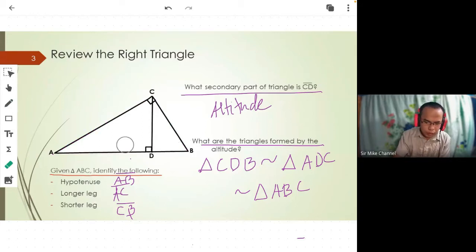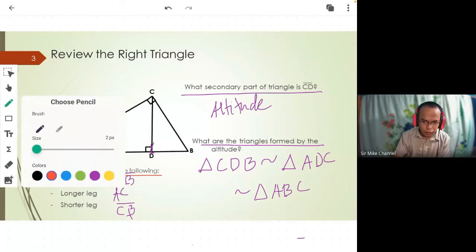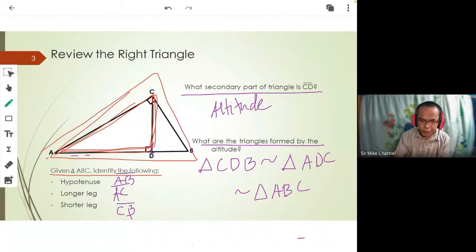Okay. So, yung maliit daw na triangle, itong triangle na yun, is similar to triangle ABC natin na yan. So, ayan ang natin, similar. Or, itong triangle ACB or ADC is similar to the bigger triangle natin, yung triangle ABC.